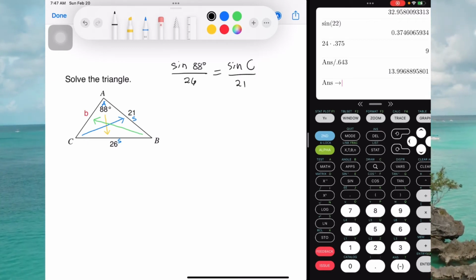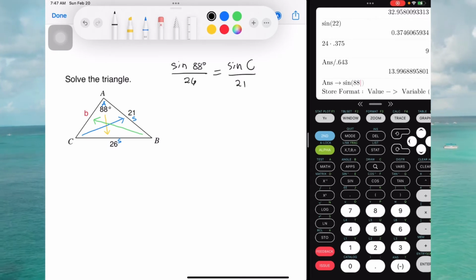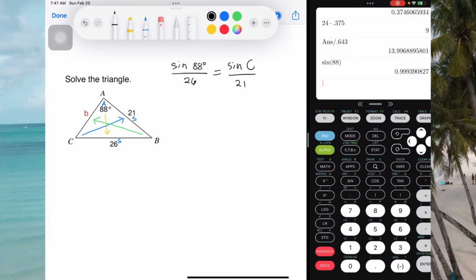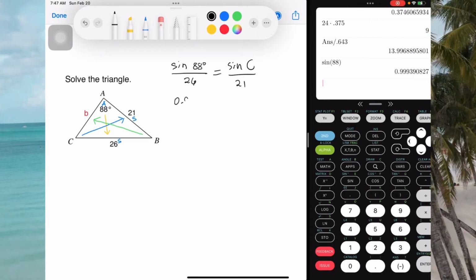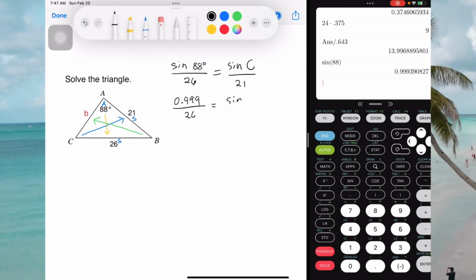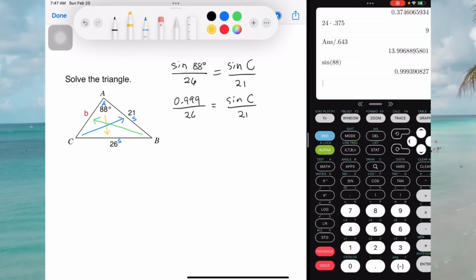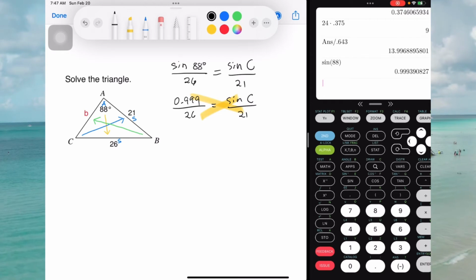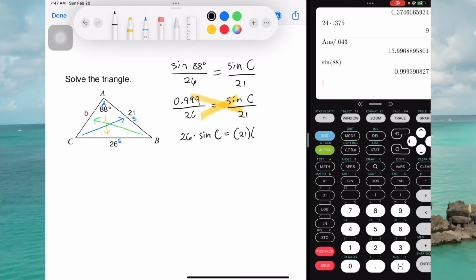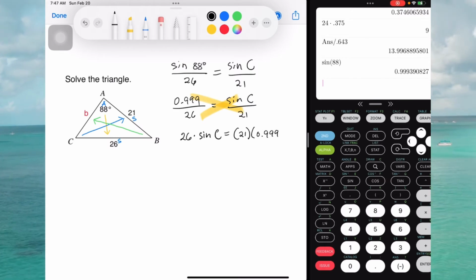Let's evaluate sine 88 degrees. That's going to be 0.999 divided by 26, which is equal to sine of angle C over 21. Let's cross multiply. We have 26 times sine of angle C is the same as the product of 21 and 0.999.